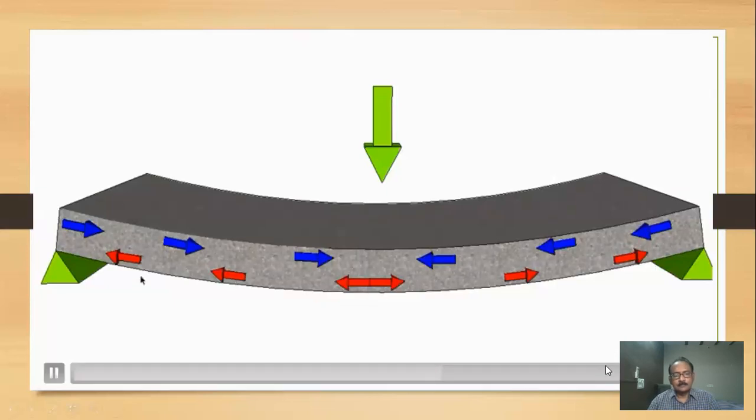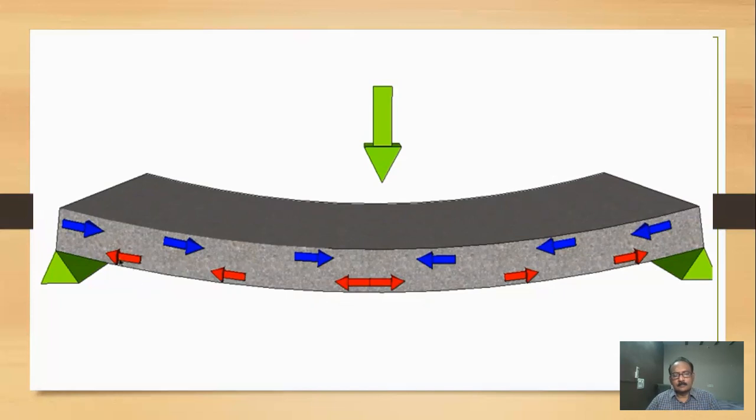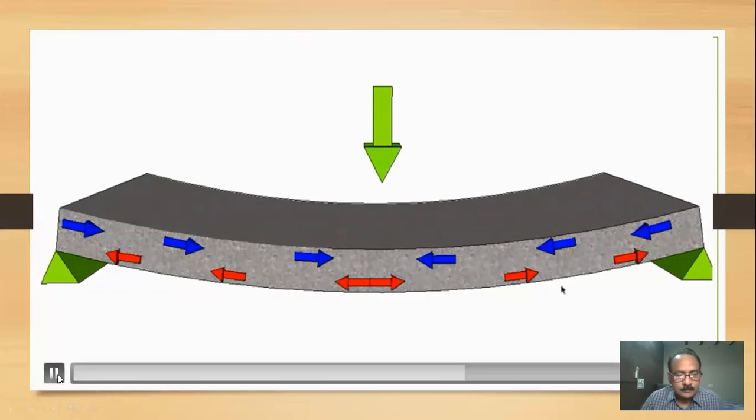So this is where the structural engineers come into play, and this is how they work out where they're going to place their reinforcement. We need to place reinforcement in the areas of the slab that are going to be placed under tension. See the bending moment: this is a simply supported beam, WL squared by 8 is your bending moment curve, and tensile stresses will develop at the bottom.